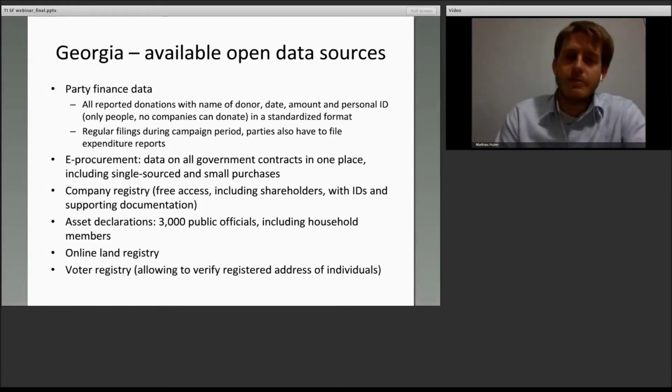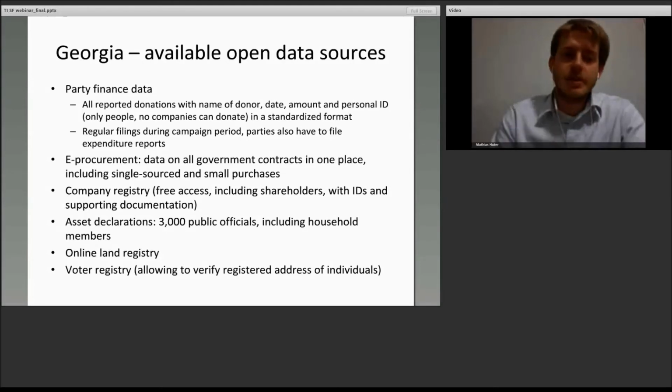We also have a very extensive requirement for public officials to file asset declarations. So we know which companies are owned by public officials or high-level civil servants and how much income they derive from different sources. We also have an online land registry, and we have an online voter registry where everybody can check if they're properly registered and where they're registered to vote.